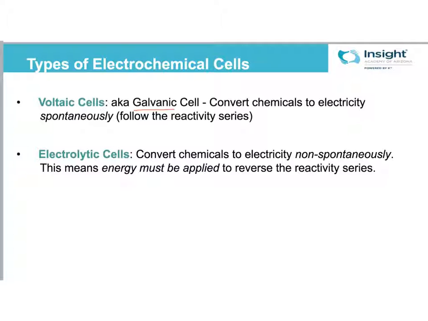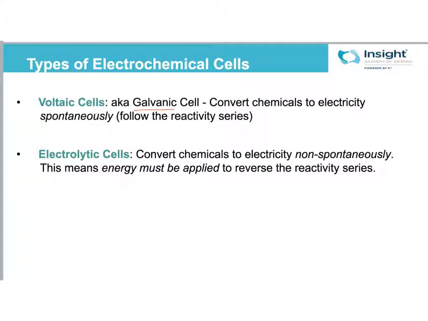But what you're doing is you can take that reactivity series and reverse what's supposed to happen. So say you wanted to oxidize gold. You're going to need to use an electrolytic cell, because there's no metal that you can throw in there that's going to force gold to oxidize spontaneously.